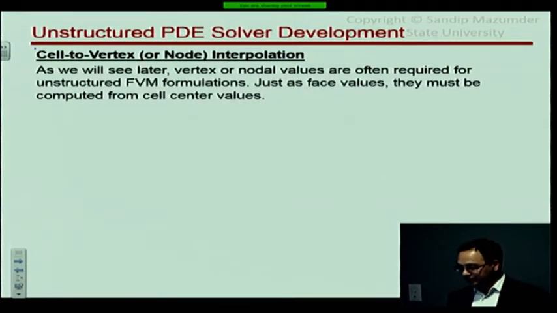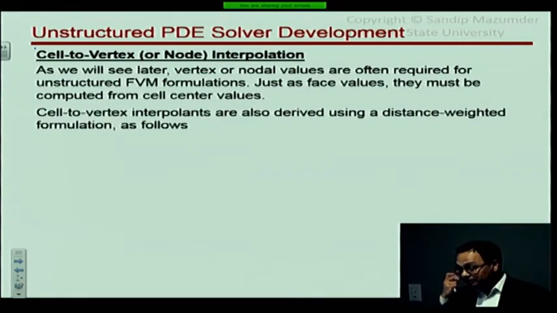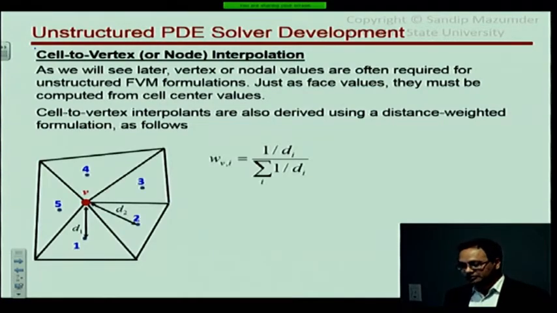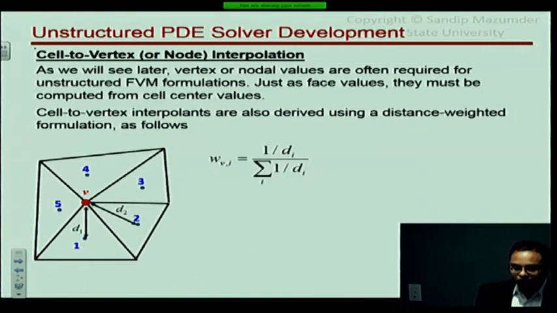Cell to vertex, same idea. We will see later on. Now, I should mention that all of these things that I'm talking about, you will see how that shows up in the finite volume formulation once we get to the actual equations. But vertex values will be needed at some point, not just for developing the finite volume formulation, but also for post-processing. Most post-processors want node-based data because they are designed for finite element type data.